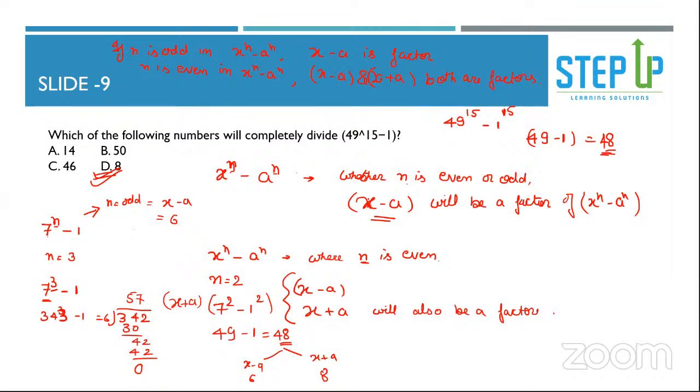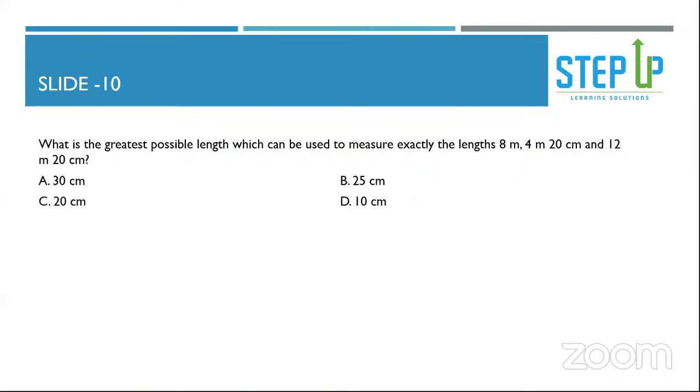All right, fine. Let's move on. What is the greatest possible length which can be used to measure exactly the lengths 8 meter, 4 meter 20 centimeter, and 12 meter 20 centimeter?